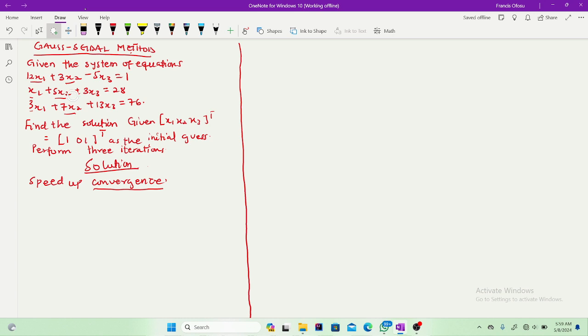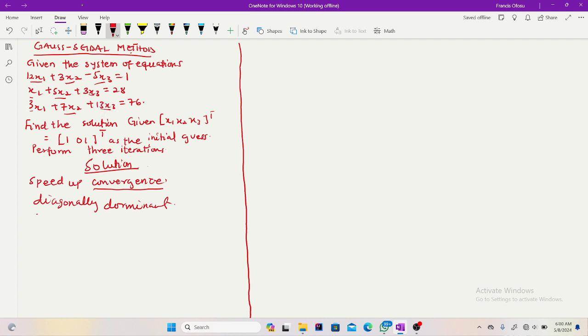You have to choose the biggest among them, and that is the concept of diagonally dominant. Then when you have 5x3, 3x3, 13x3, you can see that 13x3 is the highest among them.